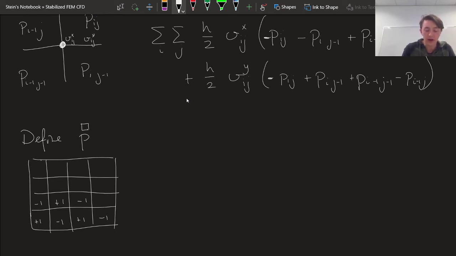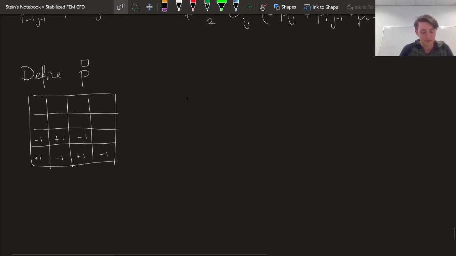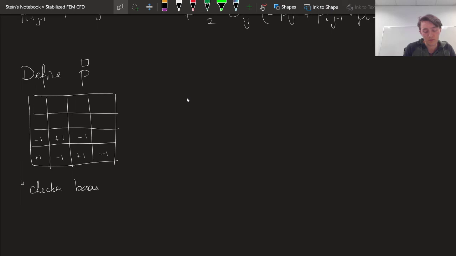And this is what we call a checkerboard pattern. Now we can think of the minuses as black squares and the pluses as white squares, and you get this checkerboard distribution of white and black squares of +1s and -1s in pressure.